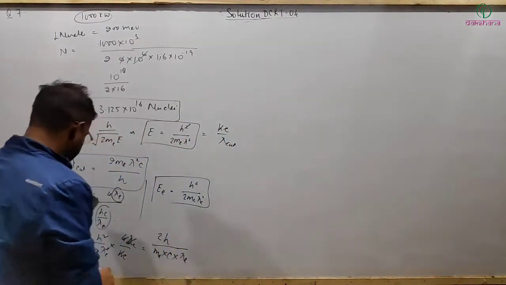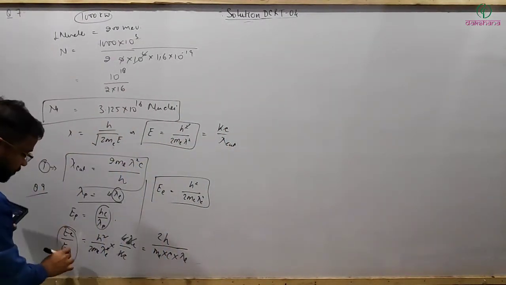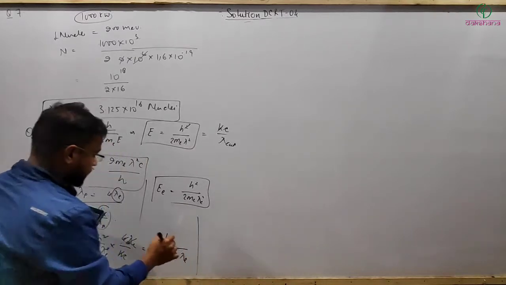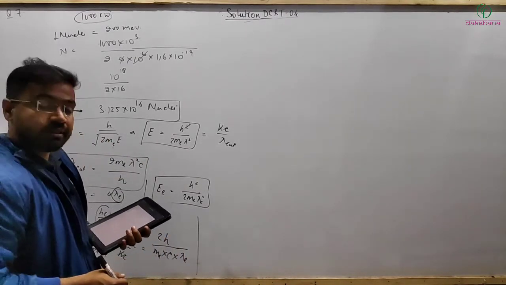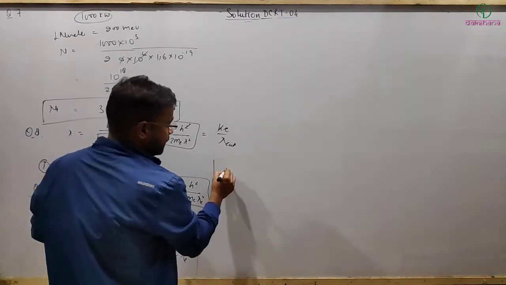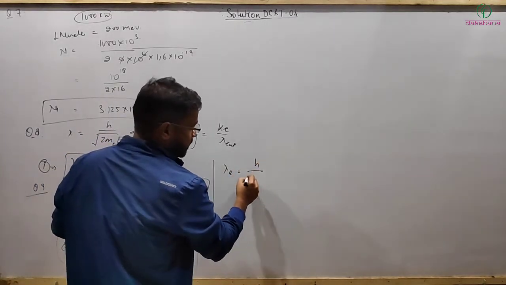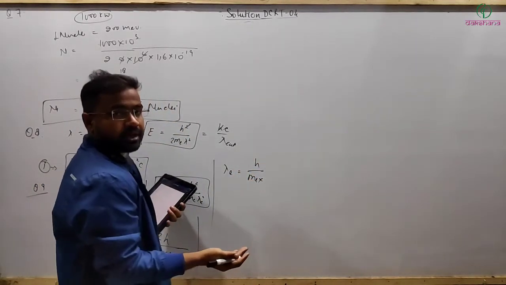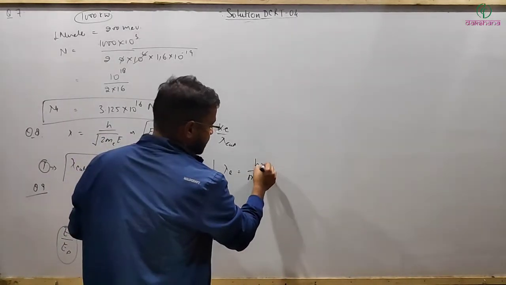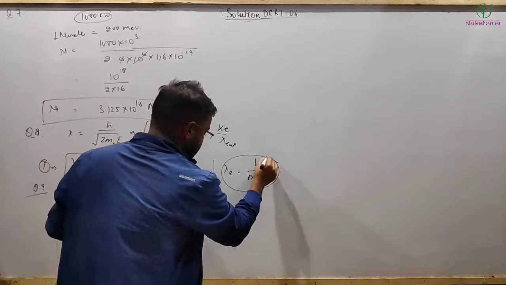So we got the relation energy of electron by energy of photon equal to this. And one more thing here, it's given as speed of electron, so we can write lambda electron will be equal to h divided by mass of electron into speed of electron, which is c divided by 100. Let me substitute this here.